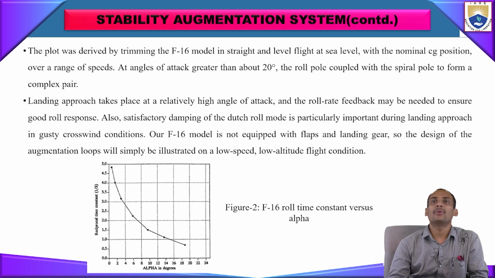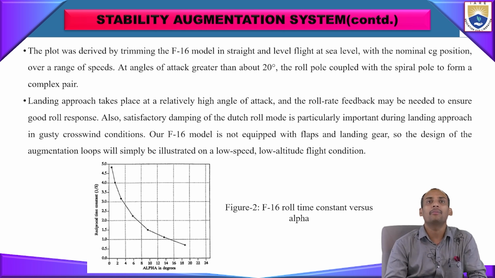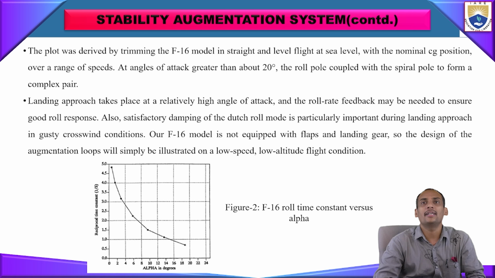The roll pole couples with the spiral pole to form a complex pair. So the landing approach takes place at a relatively high angle of attack, so roll rate feedback may be needed to ensure good roll response. Also, satisfactory damping of the Dutch roll mode is particularly important during the landing approach and in gusty crosswind conditions.